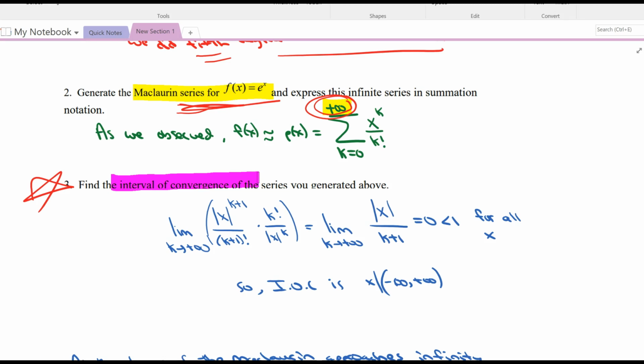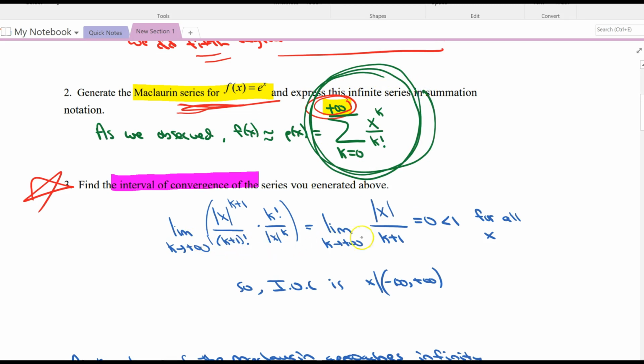If a series is finite, then we know the series converges, because if the sum ends, then obviously it converges. When a series is an infinite series, that is when you can ask the question about the interval of convergence. And to find the interval of convergence of the series, you absolutely do need to have your Maclaurin series in summation notation.